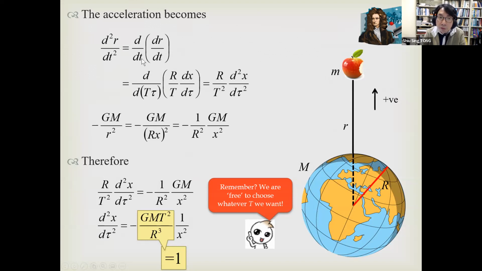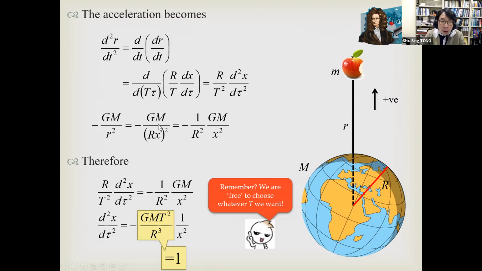When I differentiate it one more time with respect to time, the t can be written as capital T multiplied by tau again. The capital T can be taken out because it's a constant. Also, the big R over big T can be taken out. And so it results in big R over capital T squared multiplied by the second derivative of x with respect to tau.